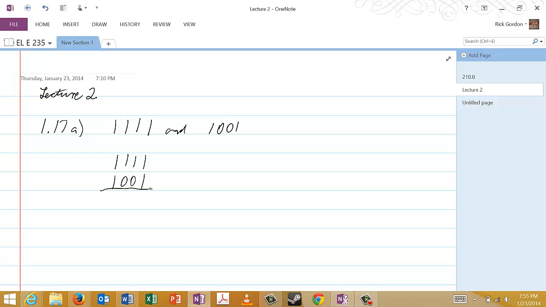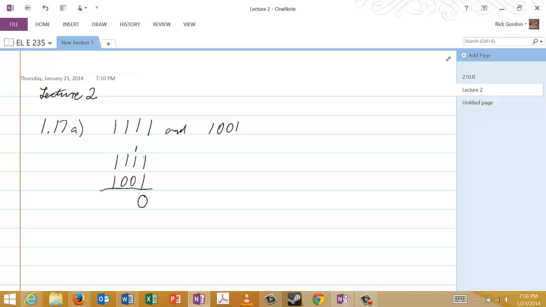So just as we would with decimal numbers, we start with the rightmost digits, and over here at the rightmost side we have 1 and a 1. And of course 1 plus 1 is equal to 2, but we can't have a 2 in binary arithmetic, so we'll write down a 0 and carry 1.